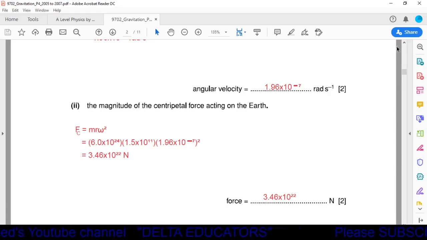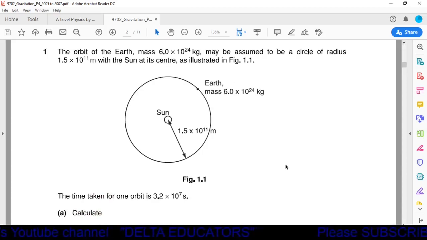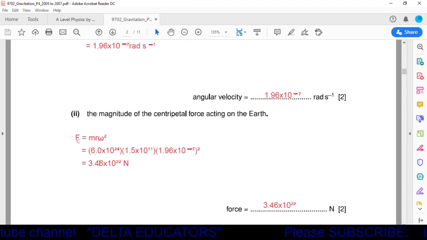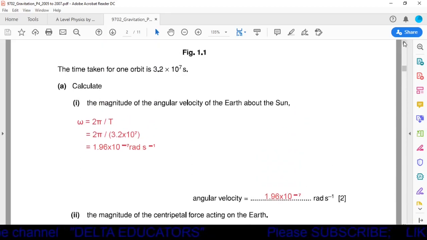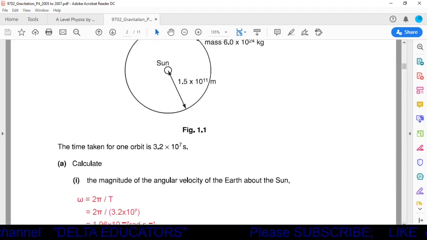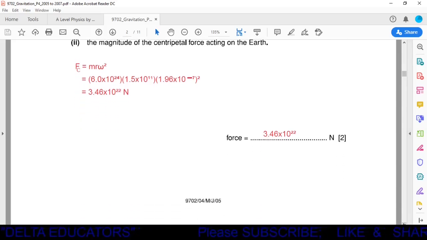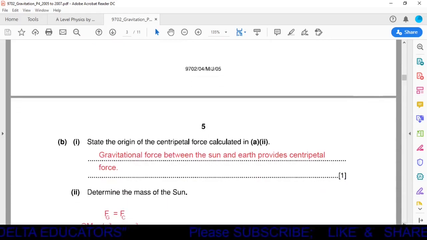This distance is also given 1.5 into 10 power 11 meters. Now this small m is mass of Earth. Mass of Earth is also given. It is 6 into 10 power 24. Now by solving this one, we will get the answer 3.46 into 10 power 22 Newton. So centripetal force is equal to 3.46 into 10 power 22 Newton.